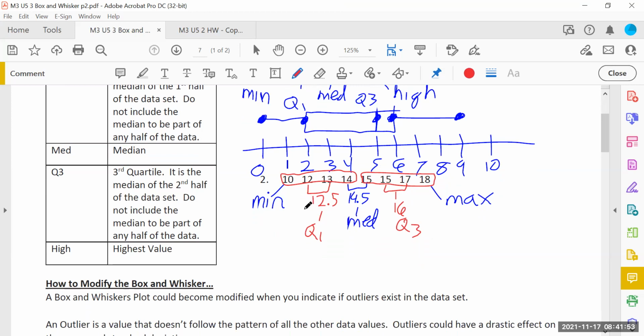So now I have my minimum, quartile 1, median, quartile 3, maximum. I can draw in my box and whisker plot. So it looks like we're going from 10 to 18. So we're doing 10, 11, 12, 13, 14, 15, 16, 17, 18, 19.